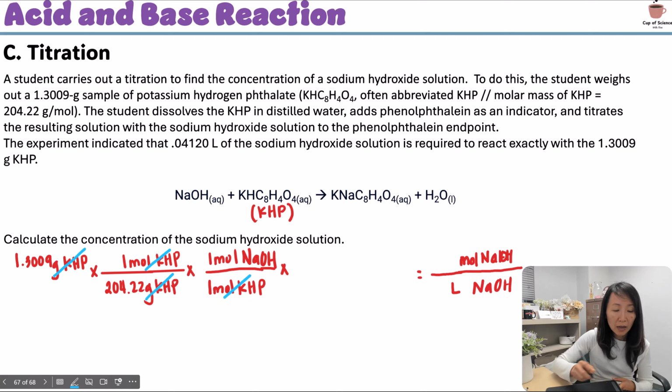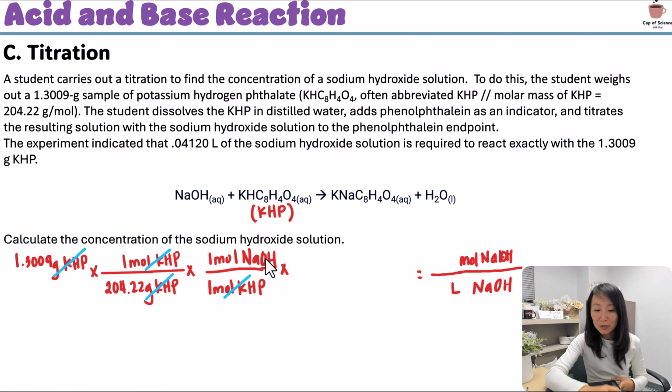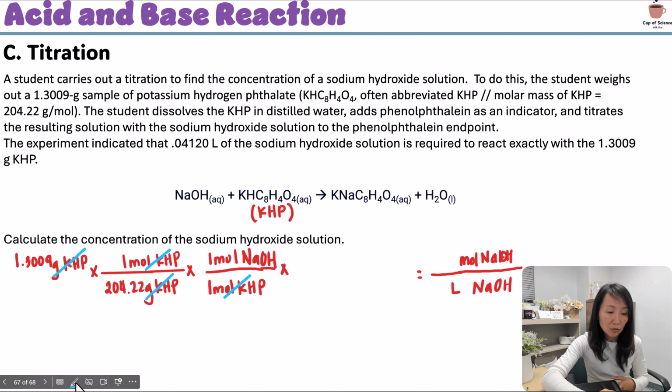Right now we have moles of NaOH, which is good, because we want moles of NaOH on top. And now we want liters. We need to have some kind of liter on the bottom, and we do have that: 0.04120 liters of sodium hydroxide. So let's go ahead and put that on the bottom.